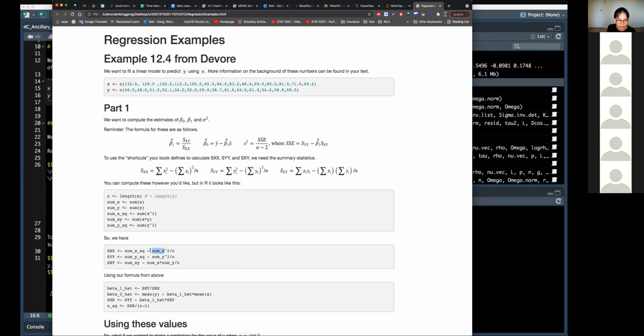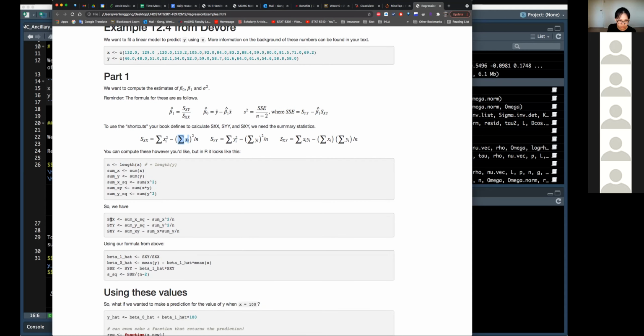You first take the sum of X, and then you take the square of this whole thing and divide by N. Similarly for SYY, and for this one it's straightforward. And we use the formula we listed here.